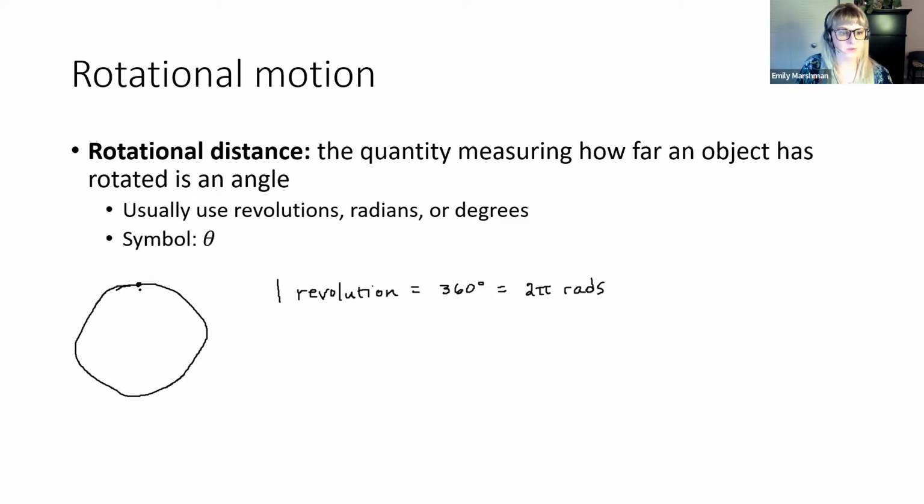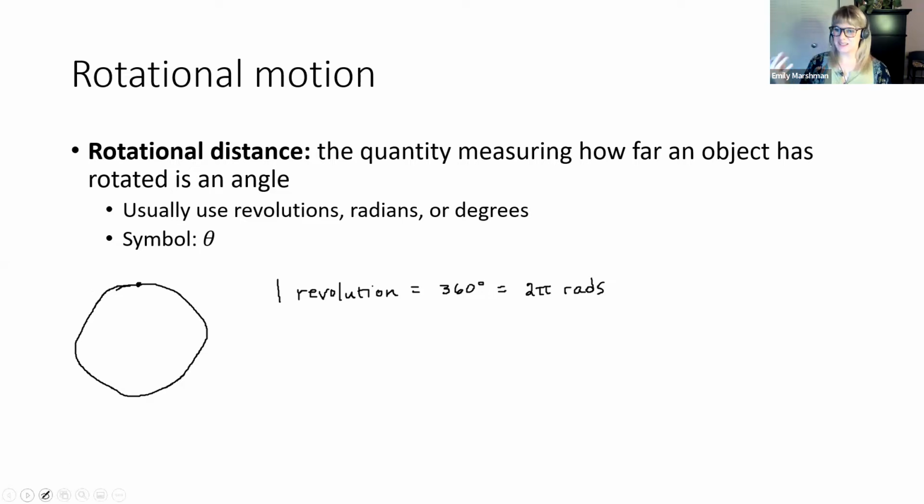So if I'm describing the object's motion and I observe this thing in 1 minute, it goes around 10 times, we would say that it has 10 revolutions per minute. So it's gone through 10 revolutions. That's the rotational distance that the object rotates through.